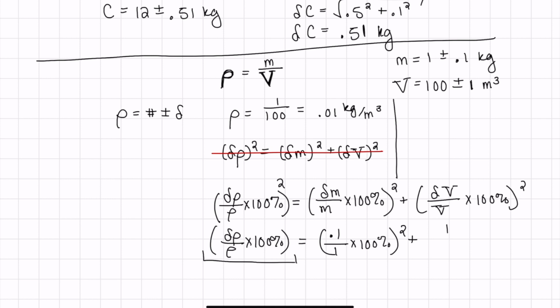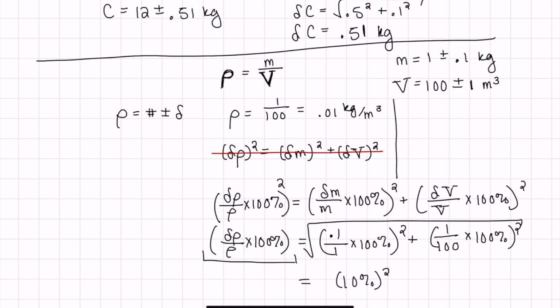So 0.1 over 1 times 100% squared plus 1 over 100 times 100% quantity squared, all under a square root, to just get rid of that squared on the relative uncertainty in the density. And that'll come out to about 10% squared plus 1% squared, which is about 10%.